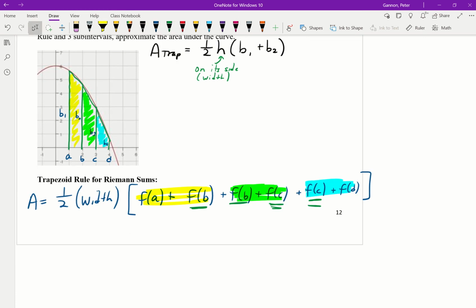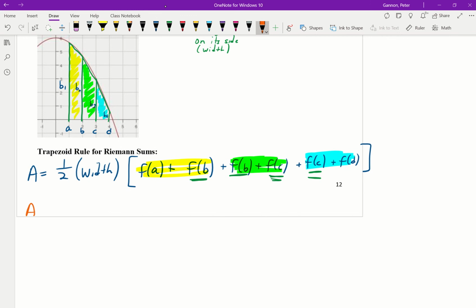So when you are using this trapezoidal rule, the formula that we're going to use when the widths are equal is 1/2 the width times, well, the outer bases are only used one time. So it's going to be f of a plus. The inner bases are going to be used twice because there are two separate trapezoids.